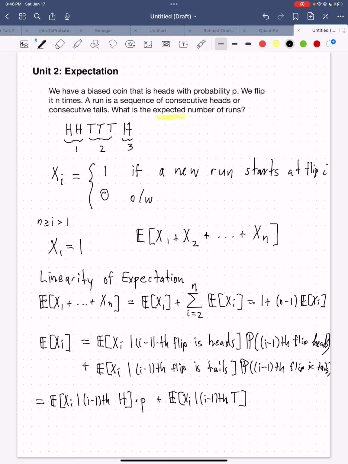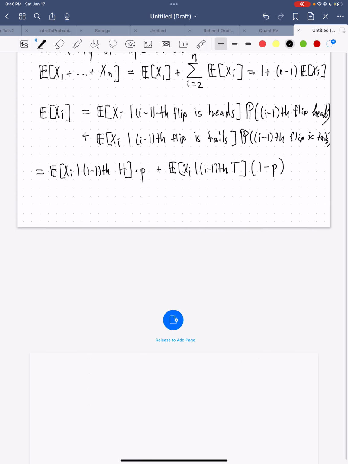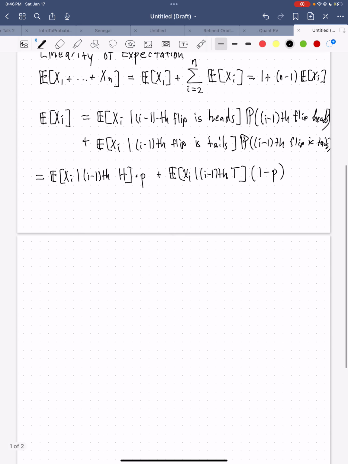And then the probability that the i minus 1th flip is tails is 1 minus p. And then we're almost done. All we need to do now is compute this expectation.